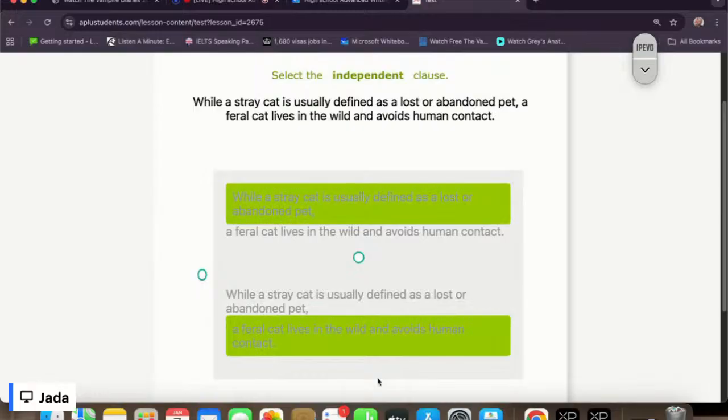So independent: a stray cat is usually defined as a lost or abandoned pet. A feral cat lives in the wild and avoids human contact. Independent, first or second?